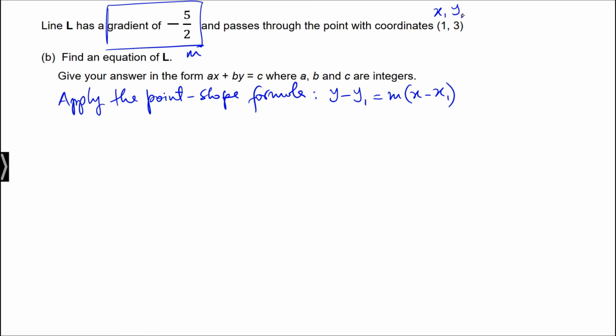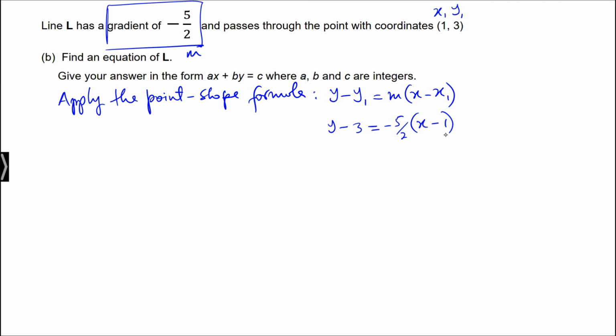So basically what you're going to do is substitute this point into this equation and plug in the gradient. So y minus 3 will be equal to negative 5 over 2 into x minus 1.